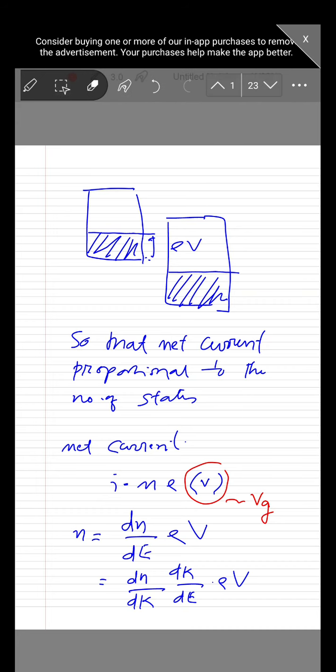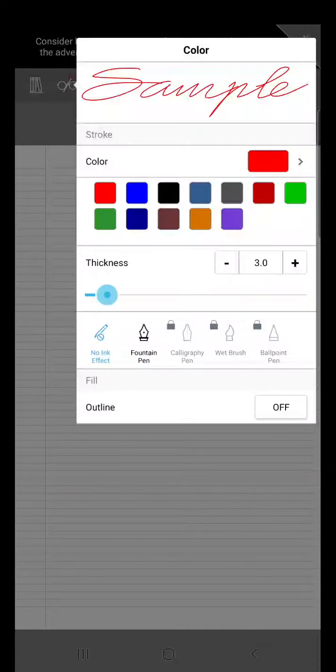Now, in the allowed k states, the interval between the allowed k states is 2 pi by d. By k states we mean when we are looking into the reciprocal space.